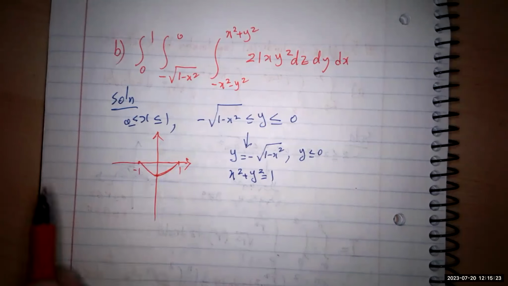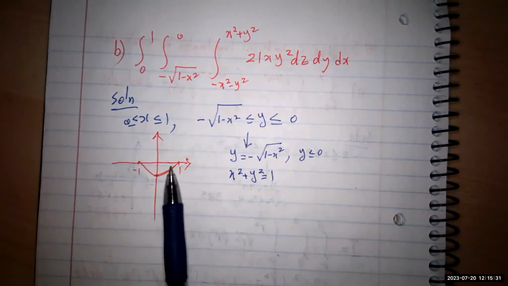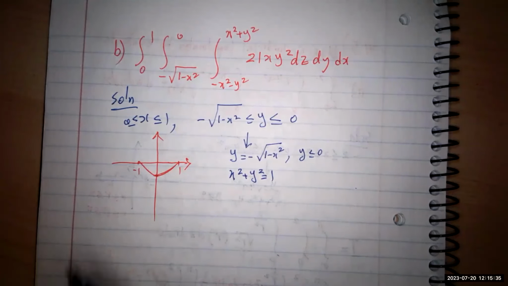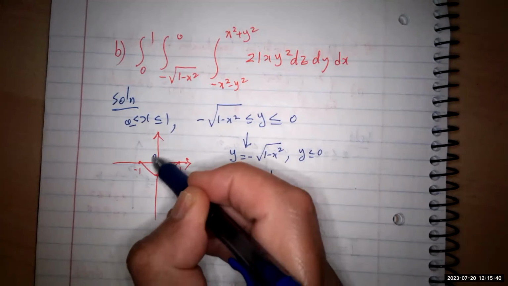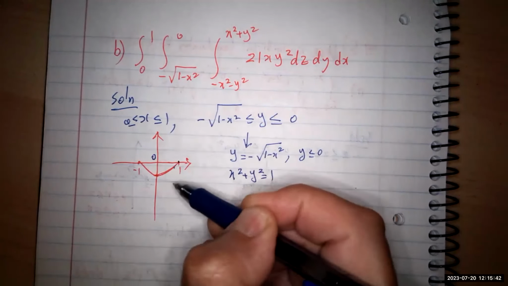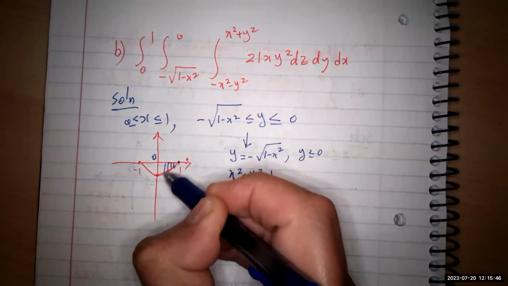But then you check what the restriction on your x is. The restriction on x is between 0 and 1. Since x is between 0 and 1, you are not going to have the full semicircle region. You have only the quarter. So this is 0 and this is 1. So you are going to be interested in this part.